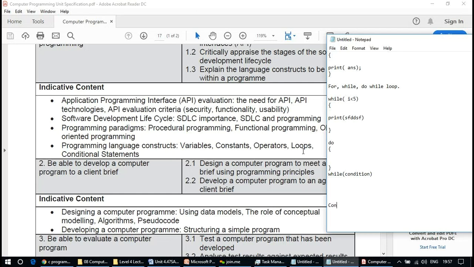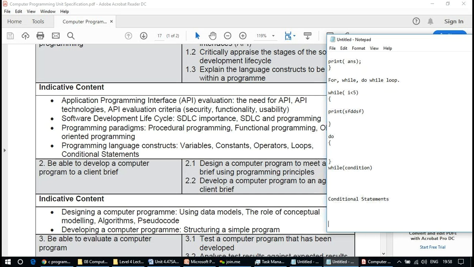Then next is the conditional statements. Conditional statements are the selection of statements based on a condition.